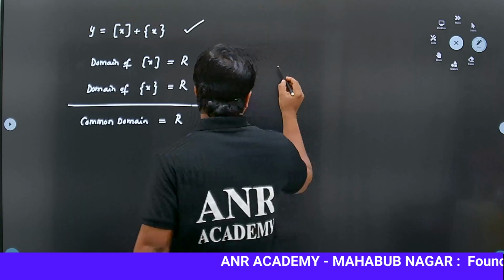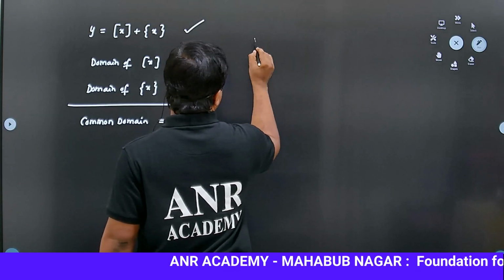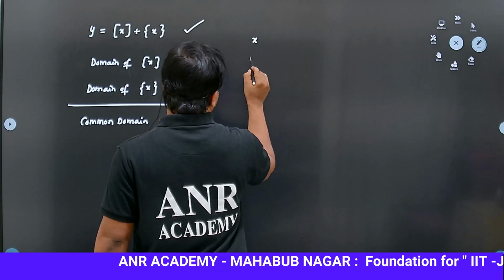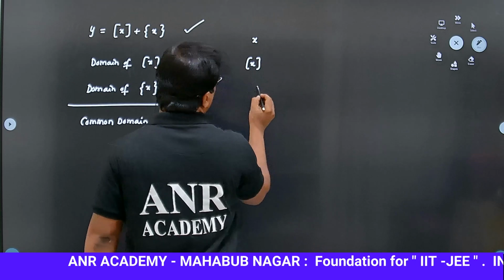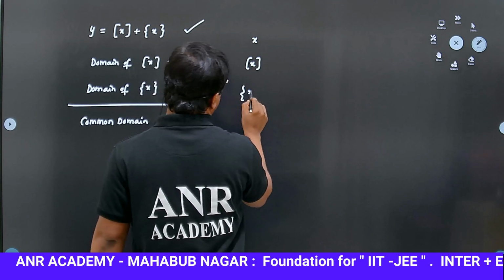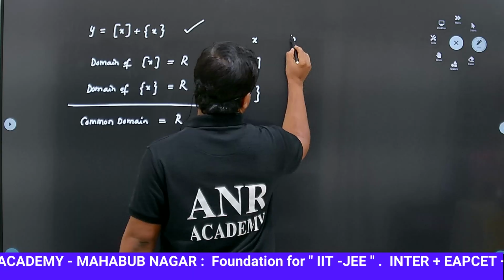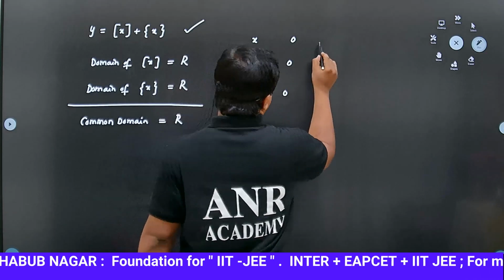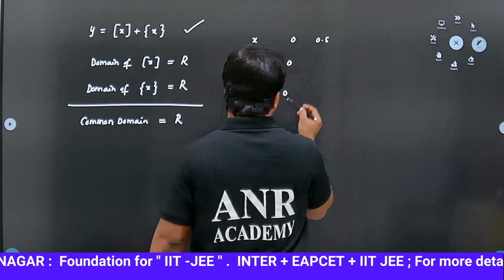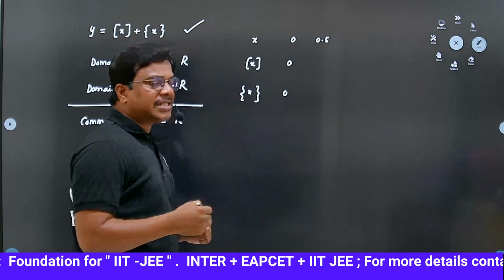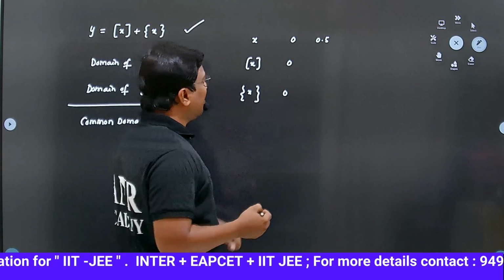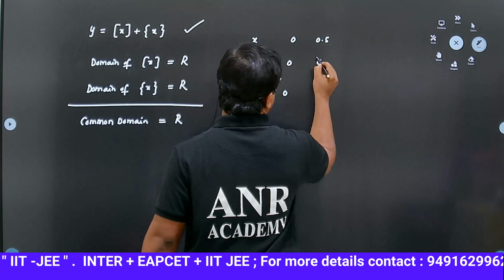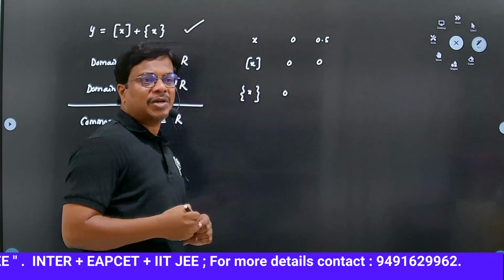You know that for the value of x, suppose you write 0, then the step value is also 0 and the fractional part is also 0. When you put x value 0.5, the greatest integer of 0.5 is the left side greatest integer, so you write 0.